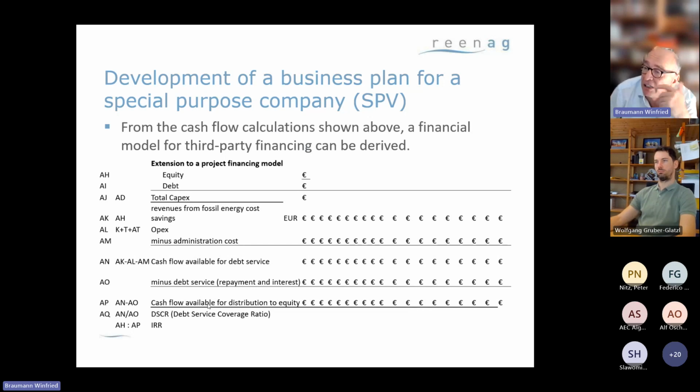Then the remaining cash flow, which still is available for distribution to equity, we can calculate the very important debt service coverage ratio, at which always banks or debt providers look when they want to decide on the size and the conditions of that. And we can also calculate the internal rate of return for this special project company.